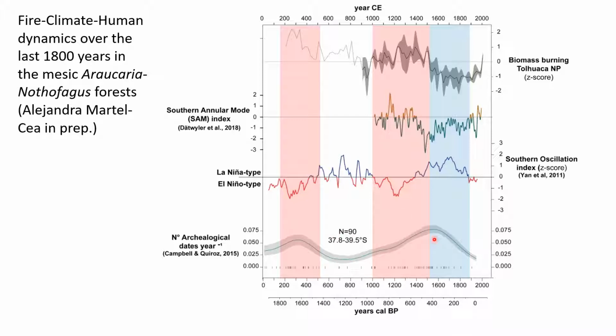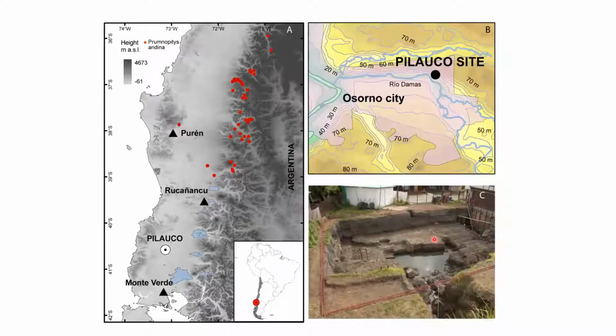Okay, so I want to finish my talk by showing you the archaeological and paleontological site called Pilauco, located in the city of Osorno in southern South America.